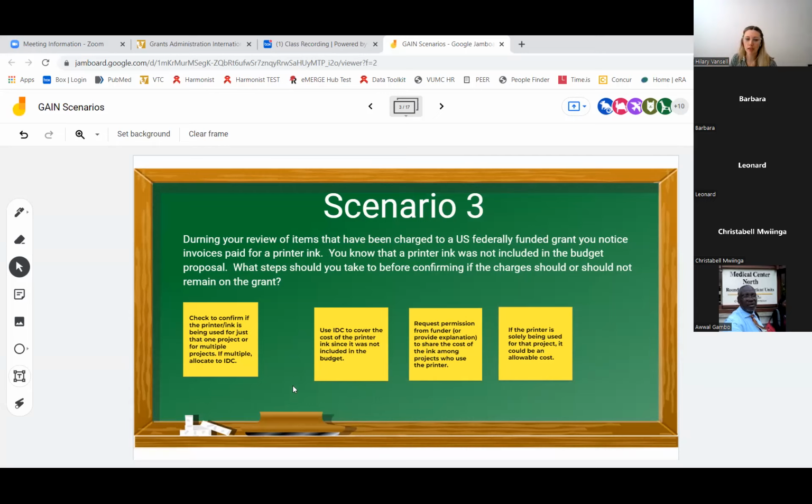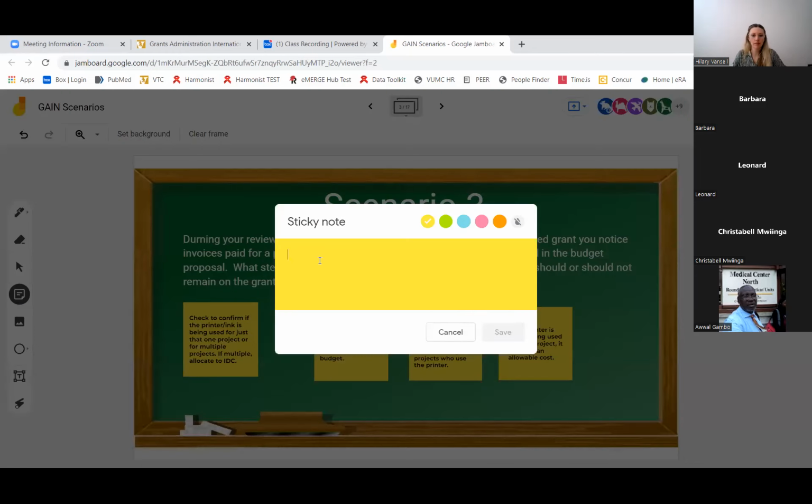So for example, if the printer was only being used for the one project, then you could make a case that it should be an allowable cost for the project, and just provide a justification for rebudgeting of funds. I'll make one more note.